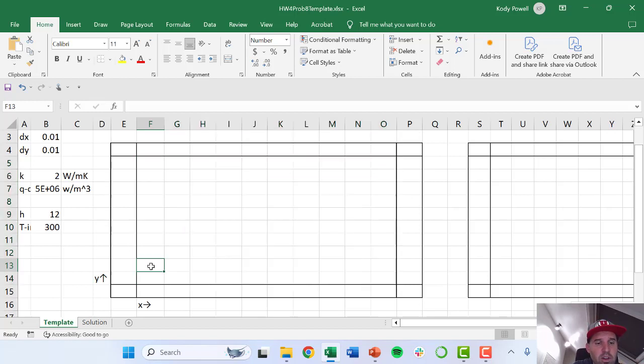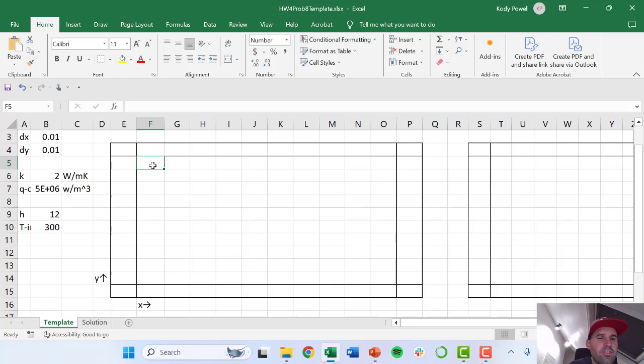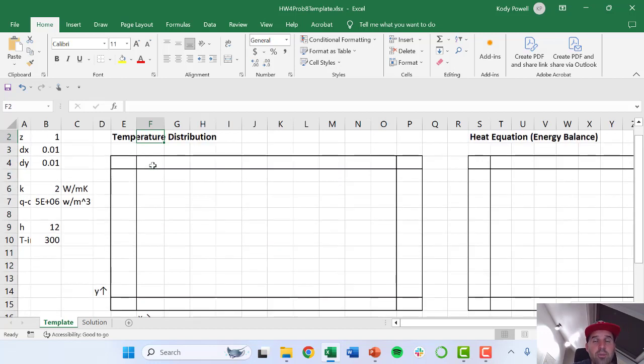So we have 10 nodes going from left to right and 10 nodes going from bottom to top. So in total we have 100 different nodes. So we're using 100 different control volumes to represent our space.